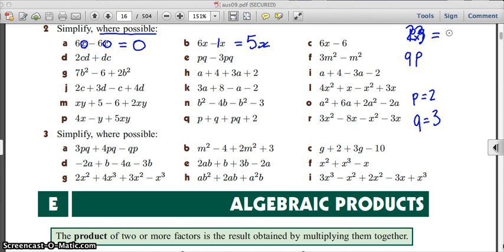And 2 times 3 we know is 6. Here we would have 3 times the 2. It would still give us 6. Alright, so the important thing to remember with this is that PQ is the same as QP. It can be seen as the same.